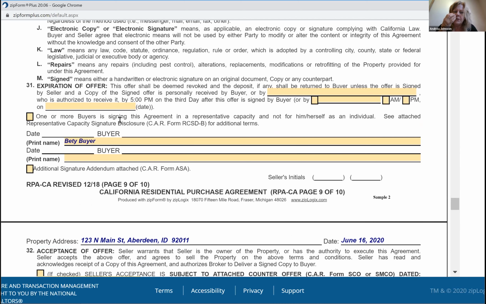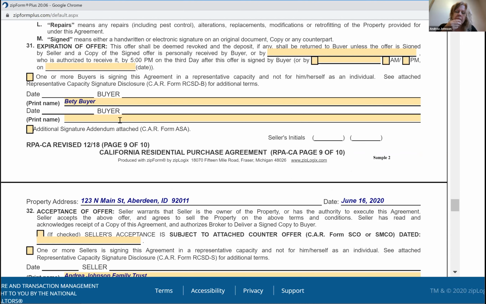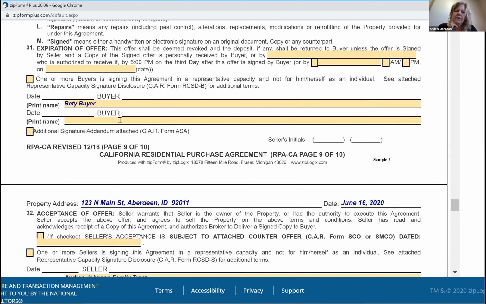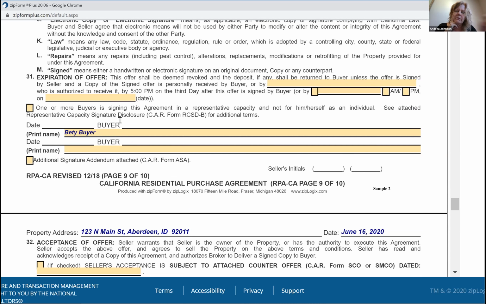Let's look at the expiration of the offer. A mistake I see as often as not, probably literally about 50% of the time, I see that here, this offer shall be deemed revoked and deposit, if any, shall be returned to the buyer unless the offer is signed by seller and a copy of the signed offer is personally received by the buyer or by, put your name here.